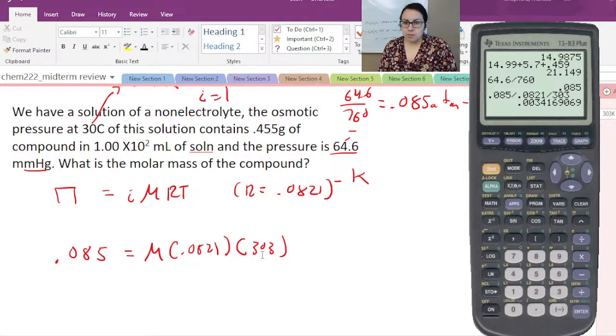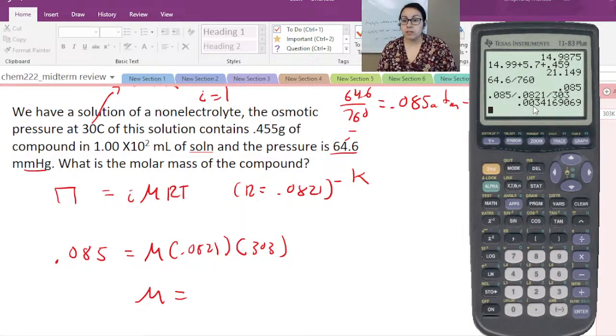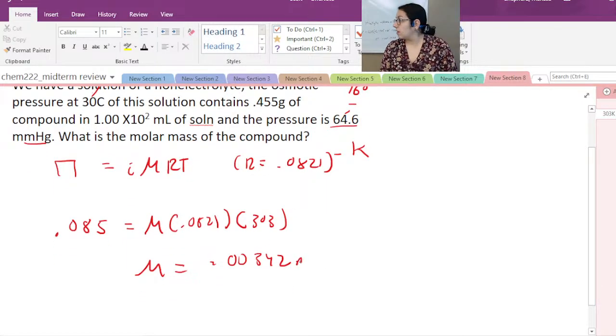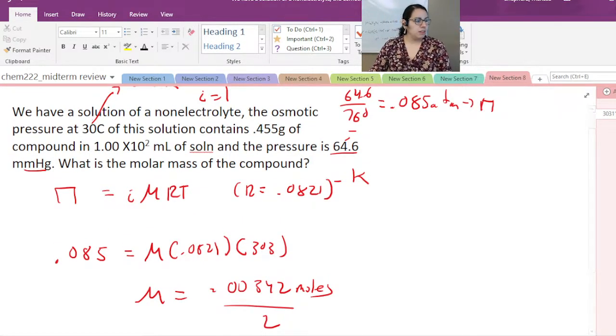And so then do we get something like molarity is equal to 0.00342? And so that's moles over liters. Now we can start solving for things.